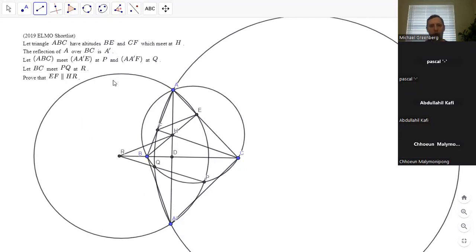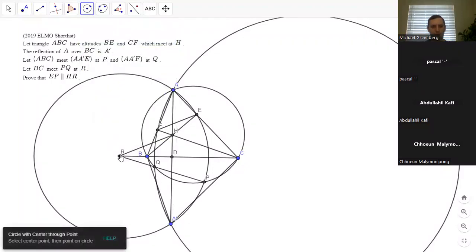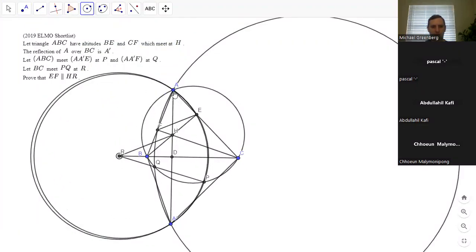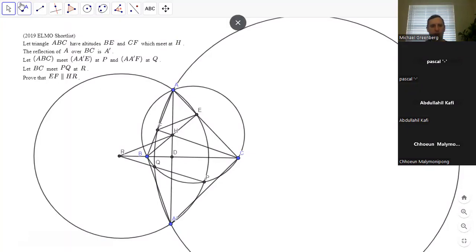It almost looks like R is the center of the circle, but it can't be, or I highly doubt it. Yeah, it's not true. So maybe it's worth drawing the centers of these 2 circles. Both are going to lie on BC.